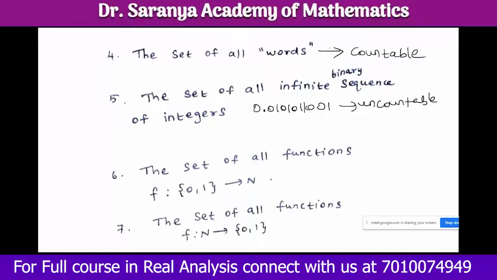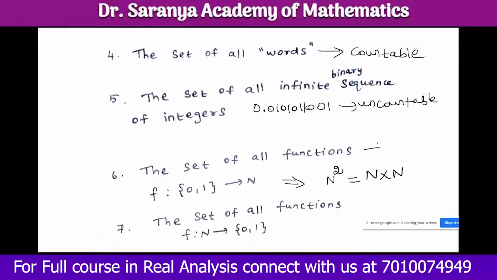So what is the sixth one? Countable or uncountable? What is the cardinality? The cardinality of N is aleph not. N to the power 2, so we can write it as N cross N. Is this countable or uncountable?